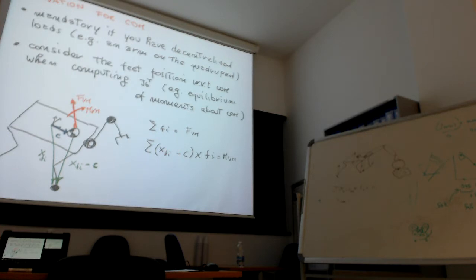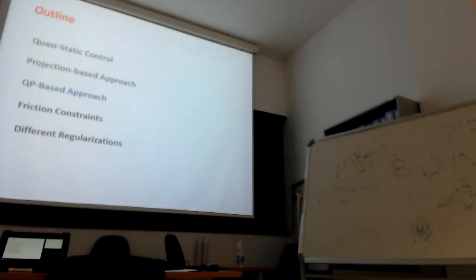So we write a moment about that, and the JB matrix will become JCOM and looks like this. We know that the equilibrium of forces doesn't change, because only the angular part changes if you move the pole where you compute the moment about.